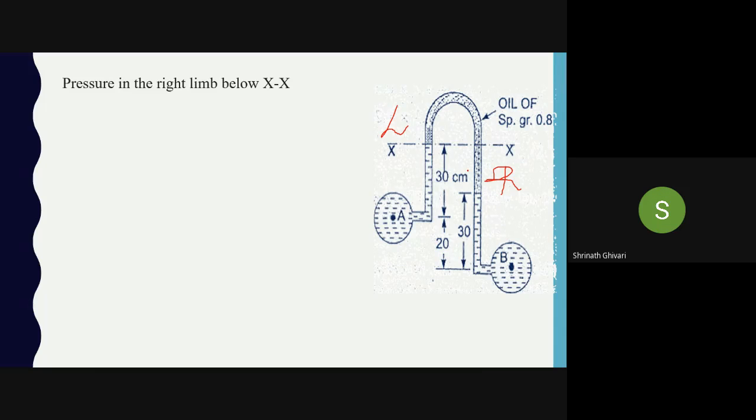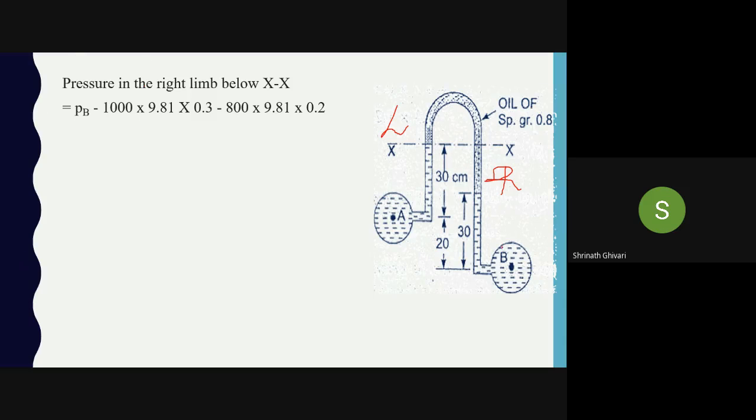PB minus rho 2 into g into h2. h2 is 30 plus 20, that is 50. Then minus rho s into g into h, that is g into 20, or we can say g into 0.2.